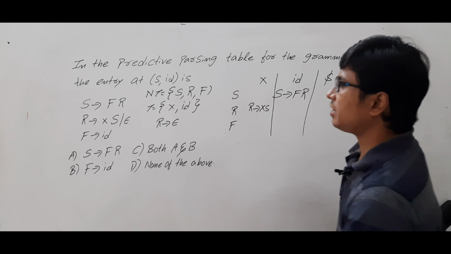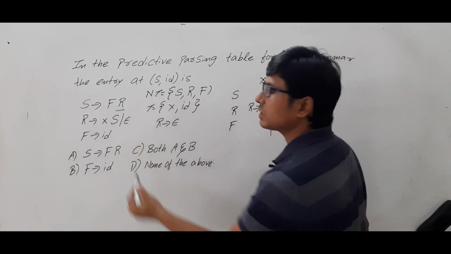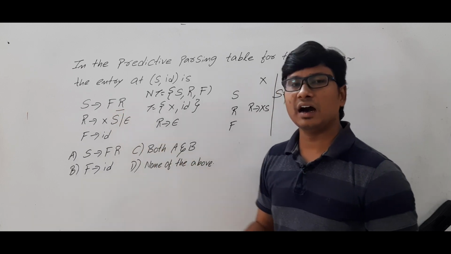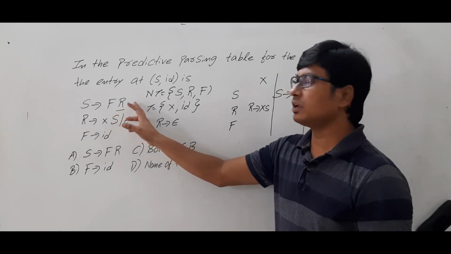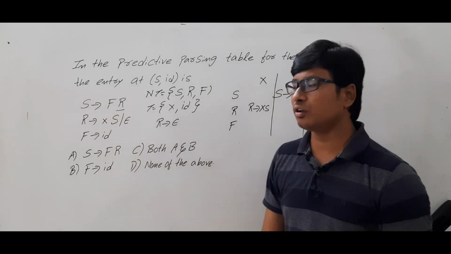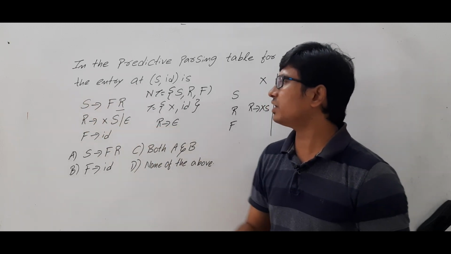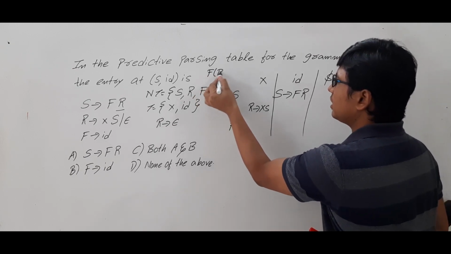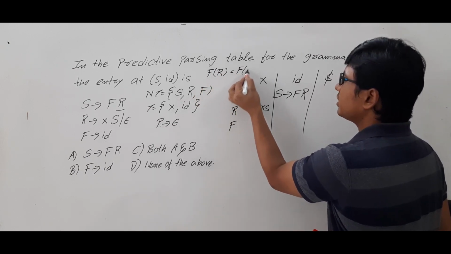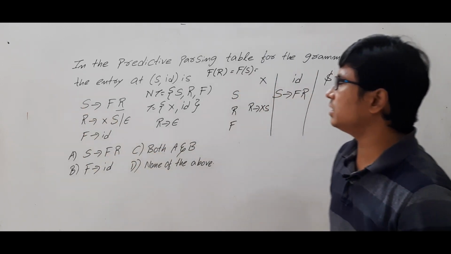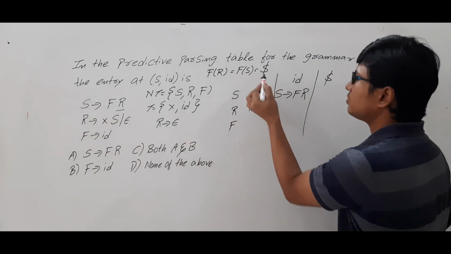For the follow of R, you need to look at where R is there in the right hand side. Here R is there. After R, is anything there? No. So follow of R is equal to follow of S. What is follow of S? As S is the start symbol, follow of S will consist of dollar.